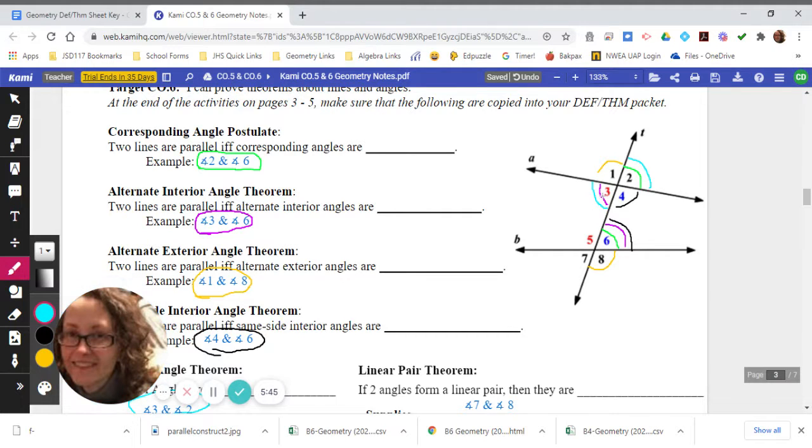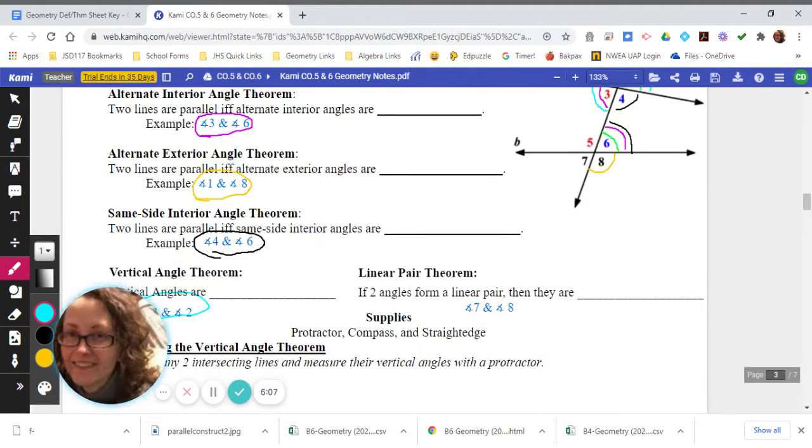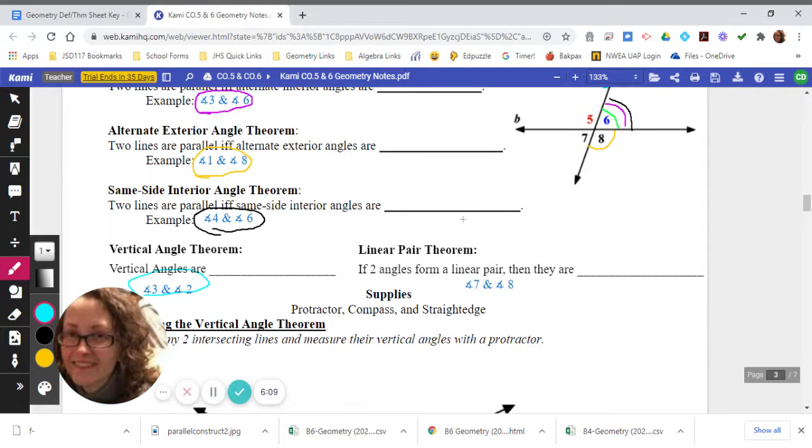If you can imagine a pair of scissors, that would be the same thing as where the handle is and the blades are. If I open and close the scissors, the handles and the blades are going to open at the same angle from each other. So angle 2 and angle 3 are vertical angles, is what they're properly called.